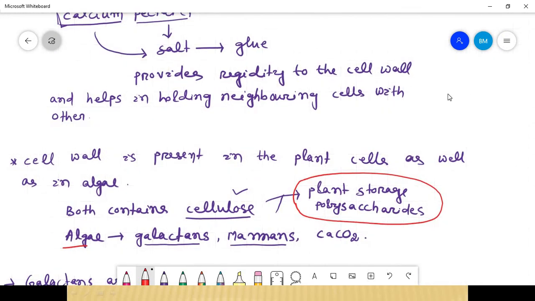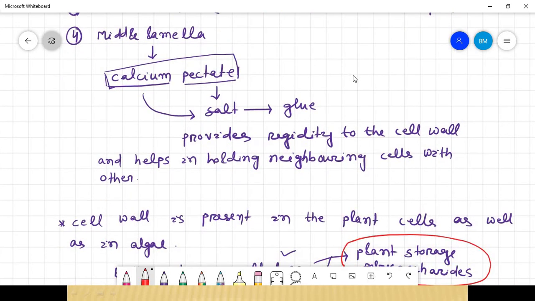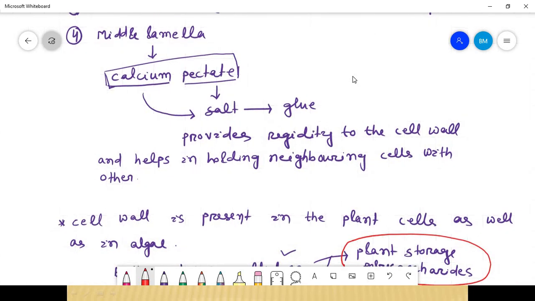These are all about the structure. Calcium pectate, I'm again writing the chemical formula of calcium pectate. This is C6H10O7.